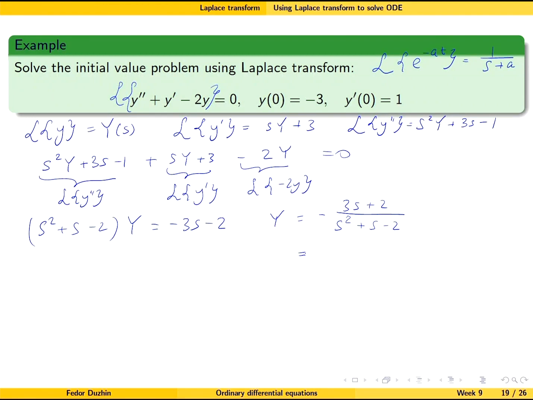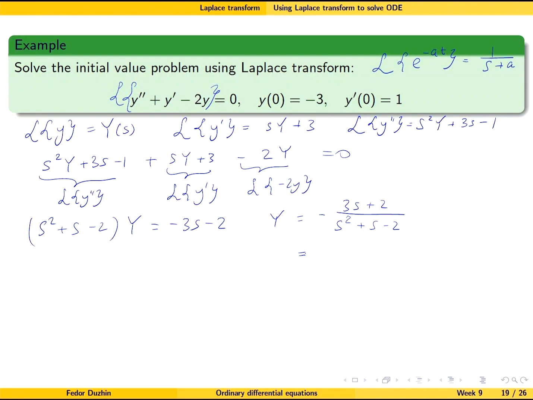I'm not going to explain how to do partial fractions again, because you must have learned it in secondary school, I guess, or in foundations of mathematics. If you don't know how to do it, I suggest that you watch Khan Academy. They have excellent videos about partial fractions.